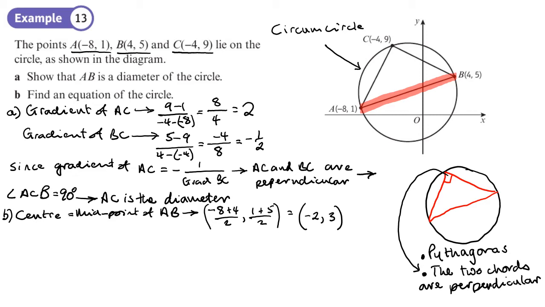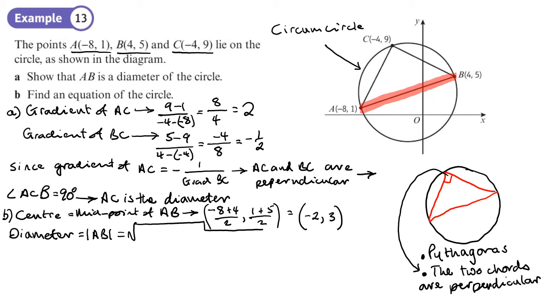Now we want to find the radius, which is going to be half the length of the diameter. So you can use Pythagoras to find out the length of the diameter. We can write that as the length between A and B, with those 2 bars to show that means the length of. So we're going to do Pythagoras on those measurements.